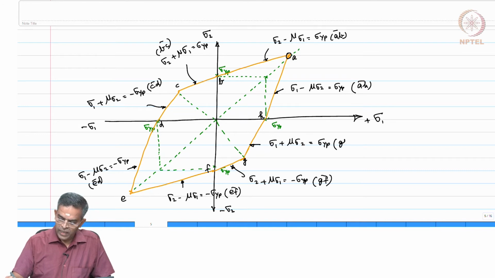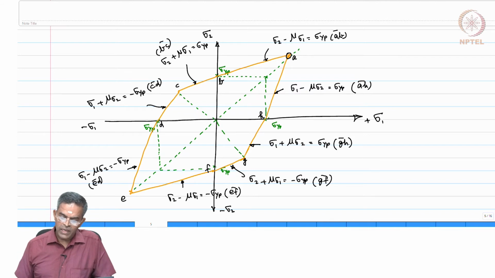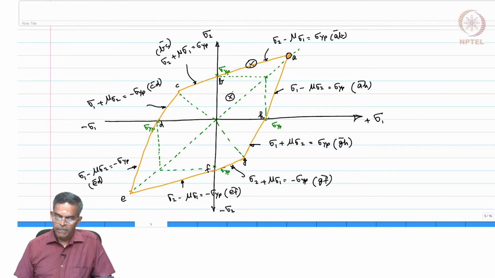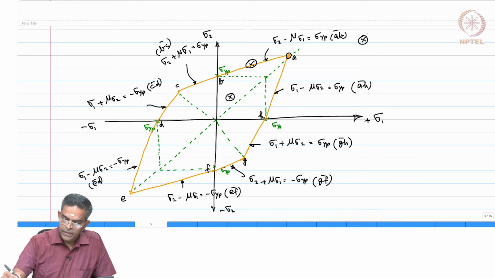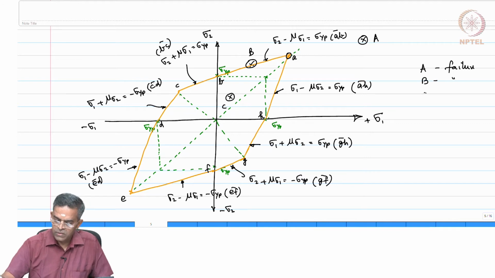This is for the line GH. So, this is my failure envelope. As we understand, any point lying on the periphery or inside or outside. So, if I say A, B and C, A indicates failure, B also indicates failure, C no failure.